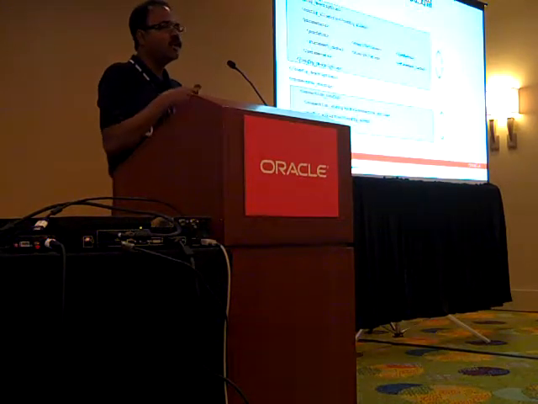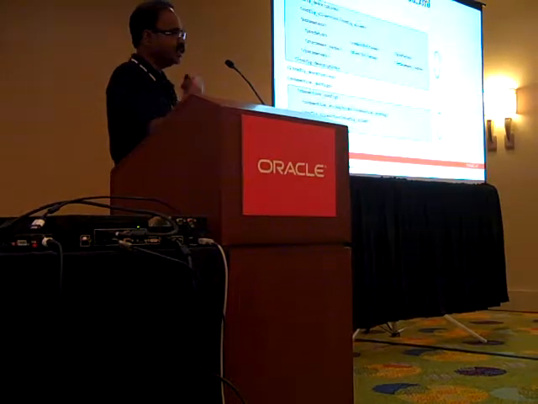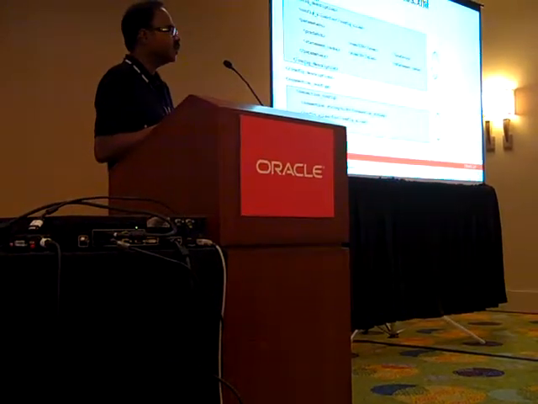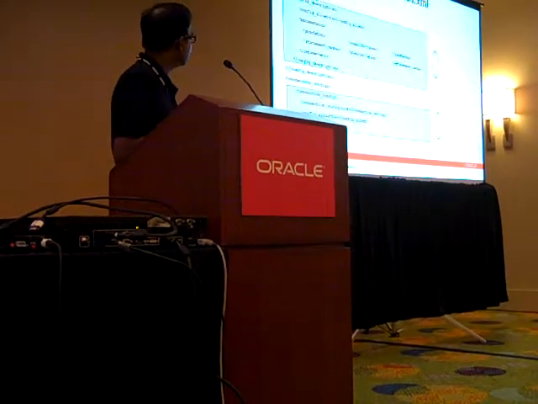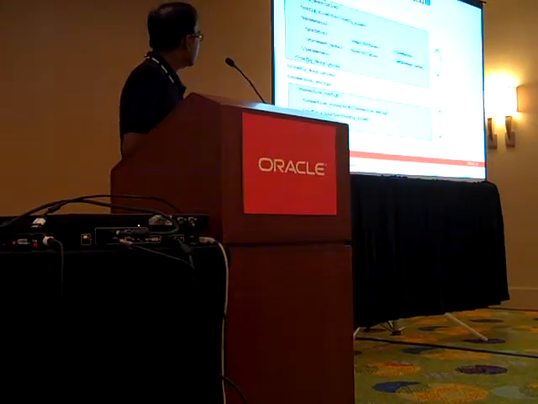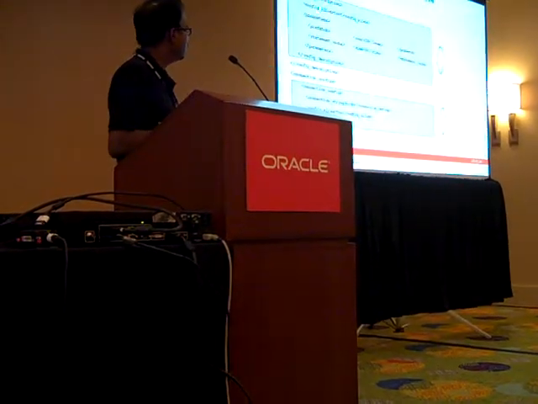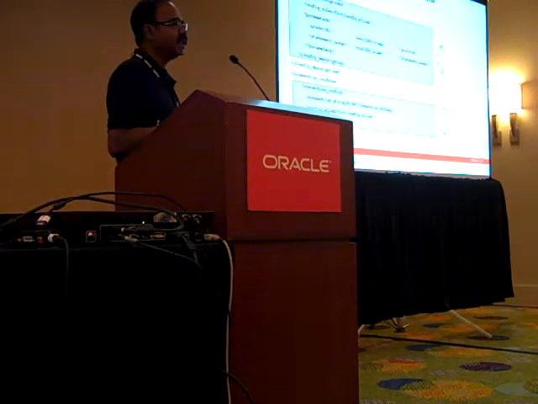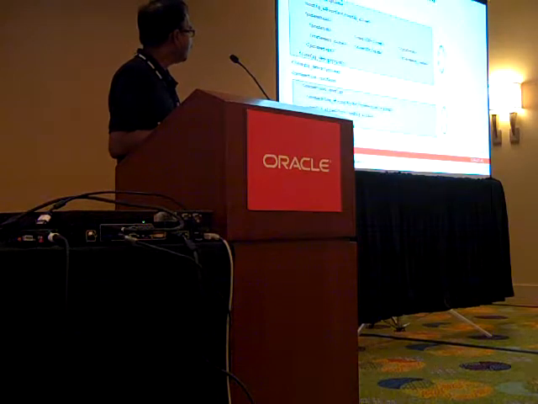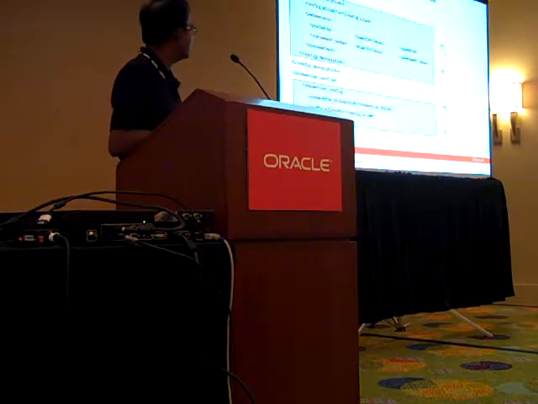And if you want to override the default values for a set of connections, you can create a named group. In this particular case, we are creating a named group called foo, and in foo we are saying that the parameters for any connection that is associated with foo will get a prefetch of 100 and a statement cache size of 30.